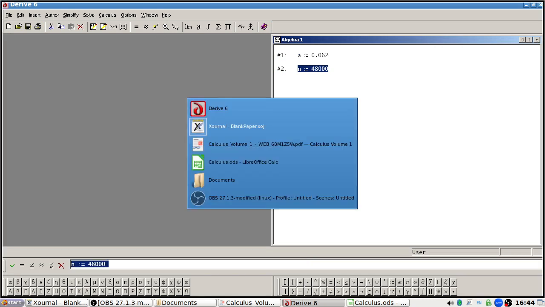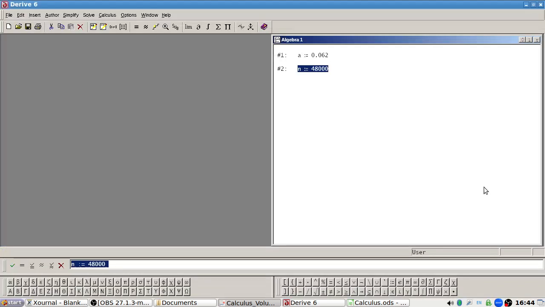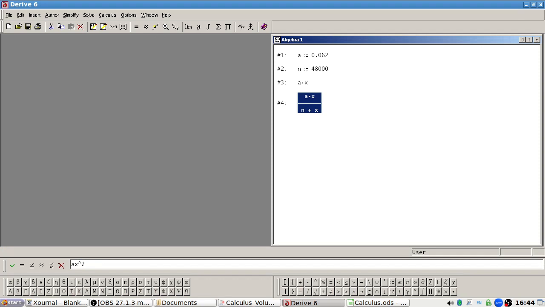And then our first graph is just a simple AX, and then our second graph is AX over N plus X. Then our last graph is AX squared over N squared plus X squared. Okay.